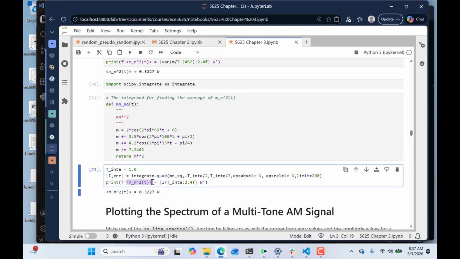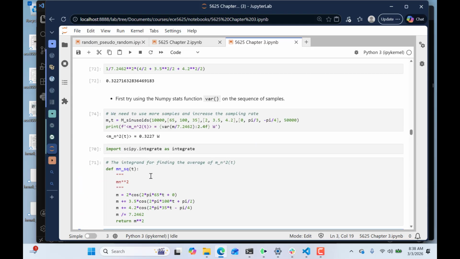Now this is more of an approximation because it's a numerical integral, and I may have to use a longer window to get the true estimate, whereas the first method was exact because I knew the frequencies were unique. The second method is also an approximation because it's based on how long the measurement interval is. And I could change that. I could make it shorter or longer.